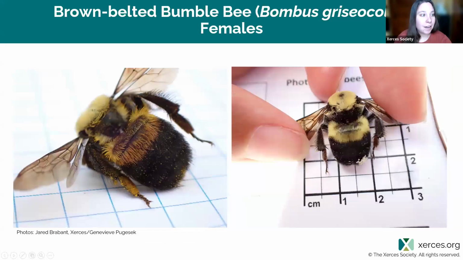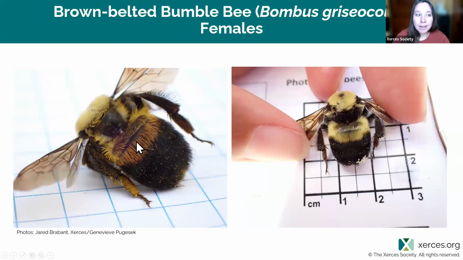So just to give you a look at some more examples, here we have some examples of the abdomen of some brown-belted bumblebee females. You can really see that crescent shape of brown here. This bumblebee has a mostly black abdomen, but you can see that T1 is yellow, and then T2, where that crescent is, has that brownish crescent of hairs.